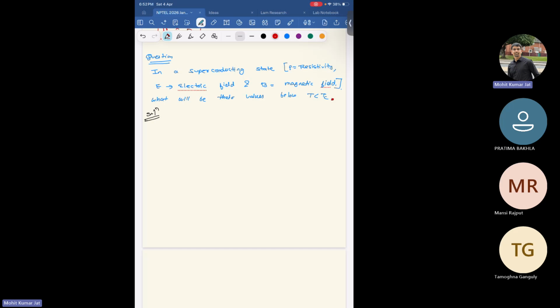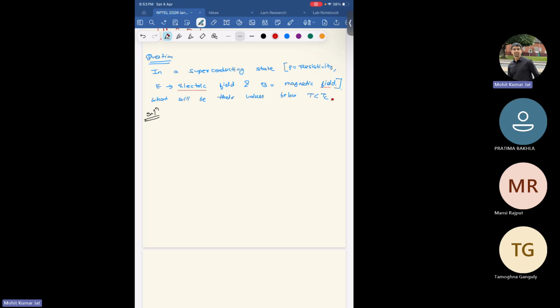But with proper reasoning: the superconductor has zero resistivity because it's a single condensate state, because of BCS theory. It expels the magnetic field, so the field will be zero, and you should write the reasoning also, because of the Meissner effect. It expels out the magnetic field, and then there will be zero electric field also. And this is something which I would expect you guys to answer.